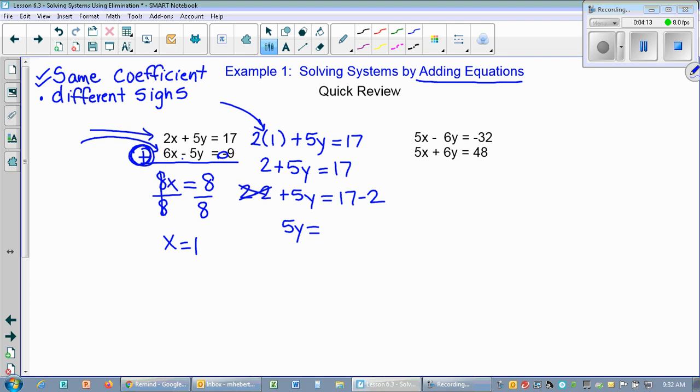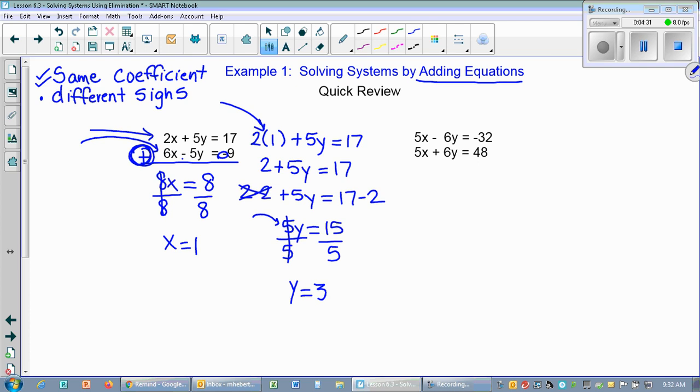And 17 take away 2 is 15. We will divide each side by 5 because this is the coefficient of the y, and we want these coefficients to cancel each other out, leaving me with 1y. And 15 divided by 5 is 3.